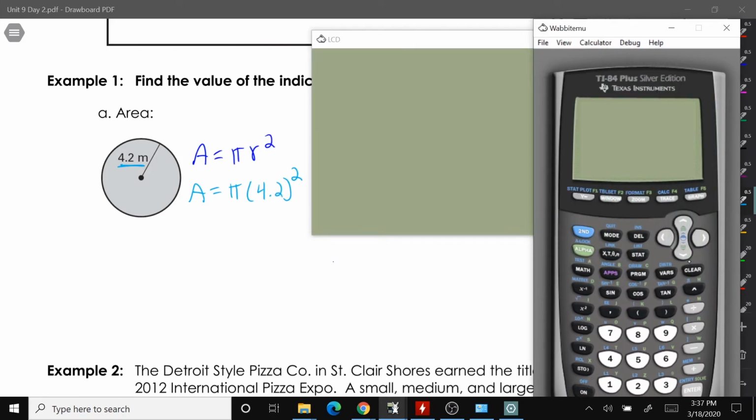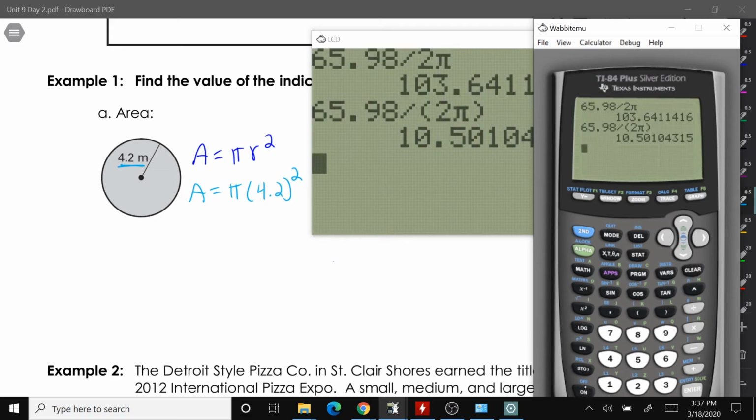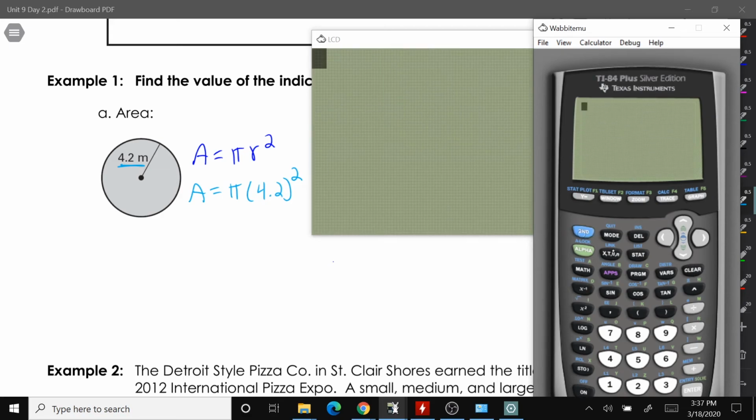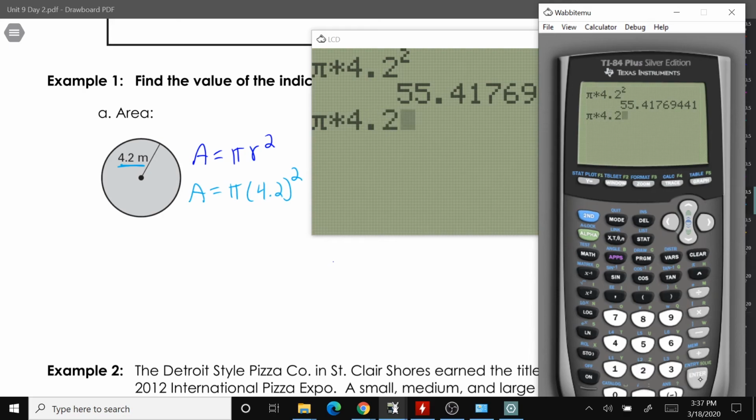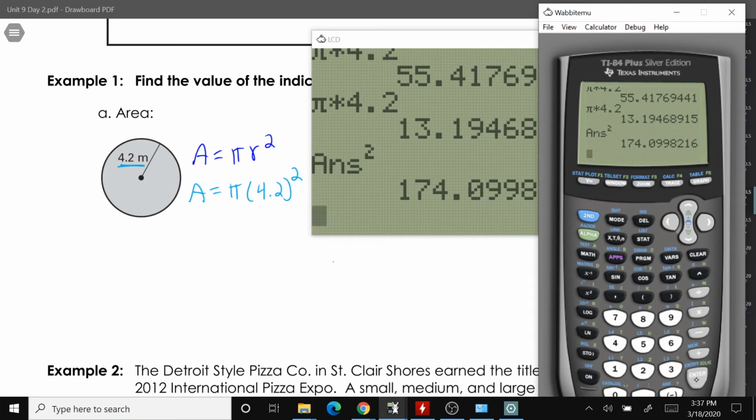Okay, so we do pi times 4.2 squared. That is how you get the correct answer. Some people will want to do pi times 4.2 and then square that and get a completely different answer.